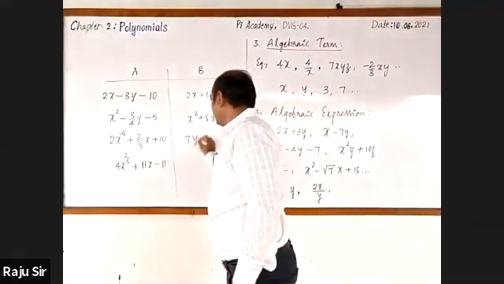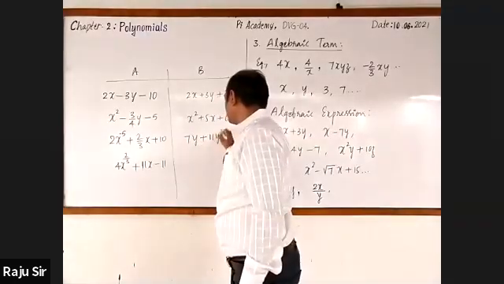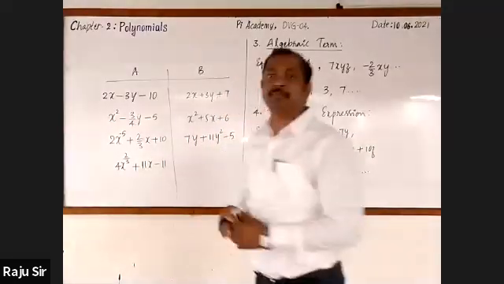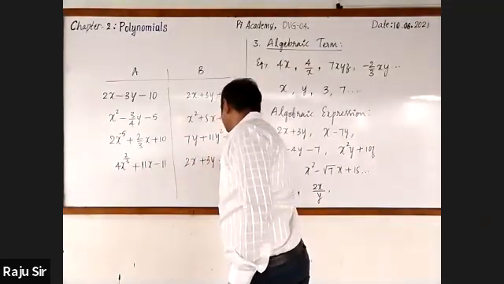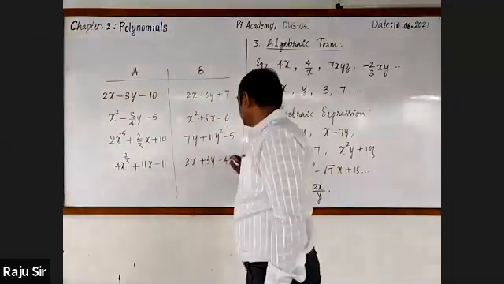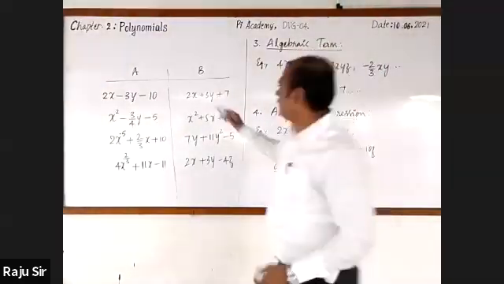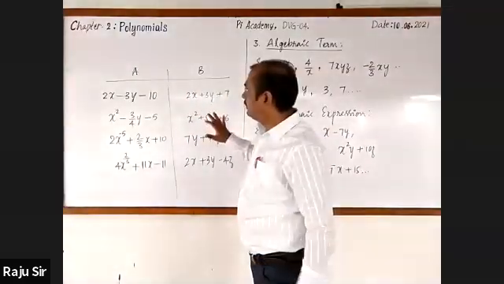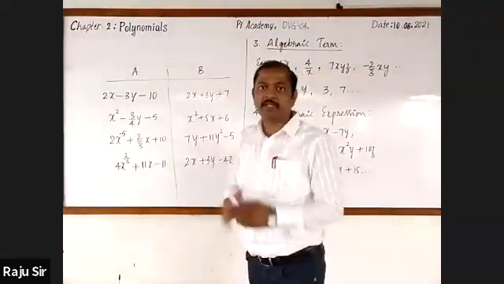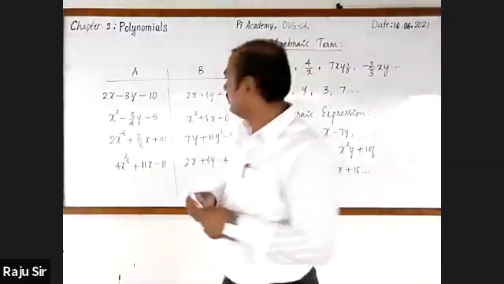Then 7y plus 11y squared minus 5. Then 2x plus 3y minus 4z. Look at it. Here I have taken nearly 8 algebraic expressions and they are to be divided into 2 groups.